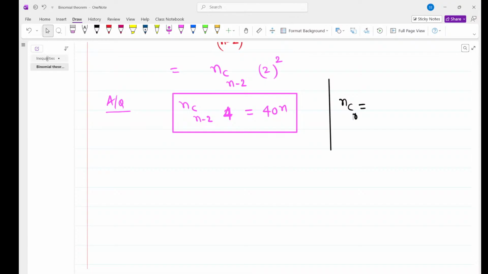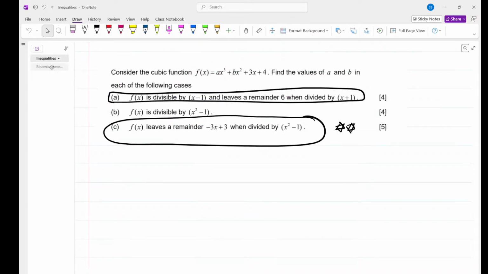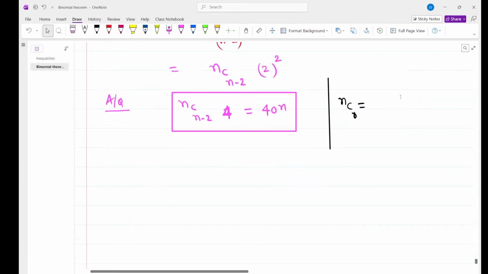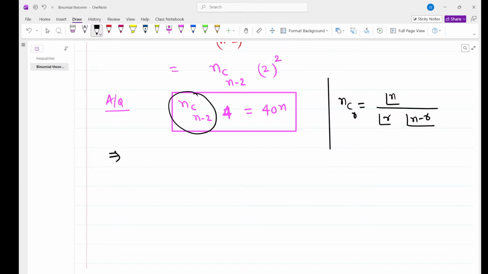It is n factorial over factorial r times factorial n minus r. We have discussed this, we have applied this many times in our general expression. So we should do the same thing here, and I think your doubt is solved, what we should do for C.